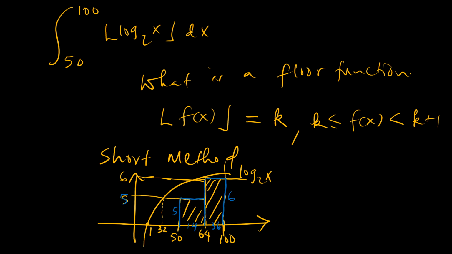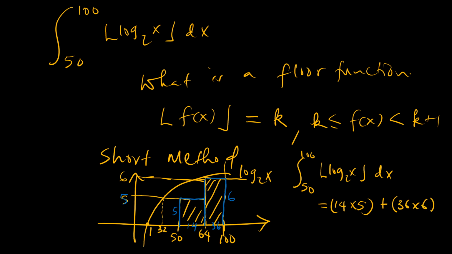So in other words, our integral from 50 to 100 of the floor function of log to the base 2 of x is equal to 14 times 5, that's the area of that rectangle, plus 36 times 6.